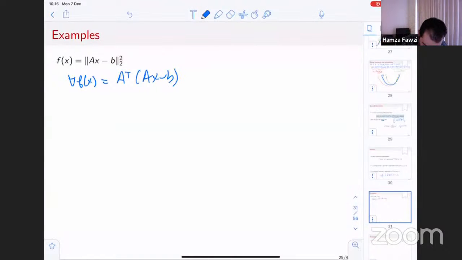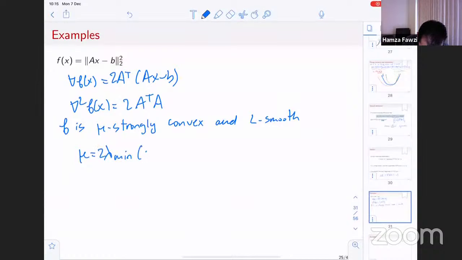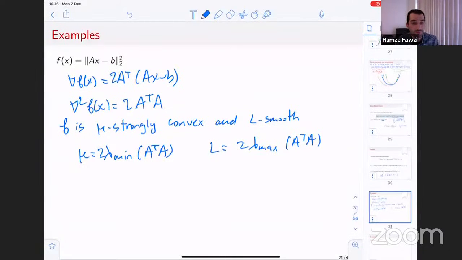In this case, the Hessian of f at x is actually 2 A transpose A. So f in this case is mu strongly convex and L smooth, where mu is 2 lambda min of A transpose A, and L is 2 lambda max of A transpose A. So you have an idea of what the strong convexity constant is, and what the L smoothness constant is.